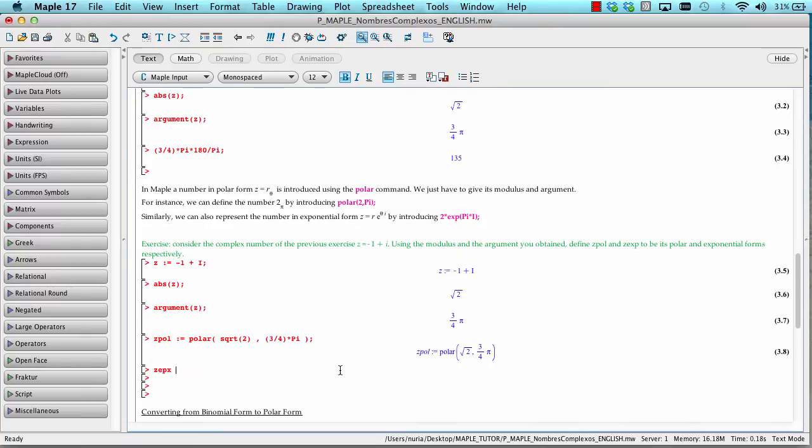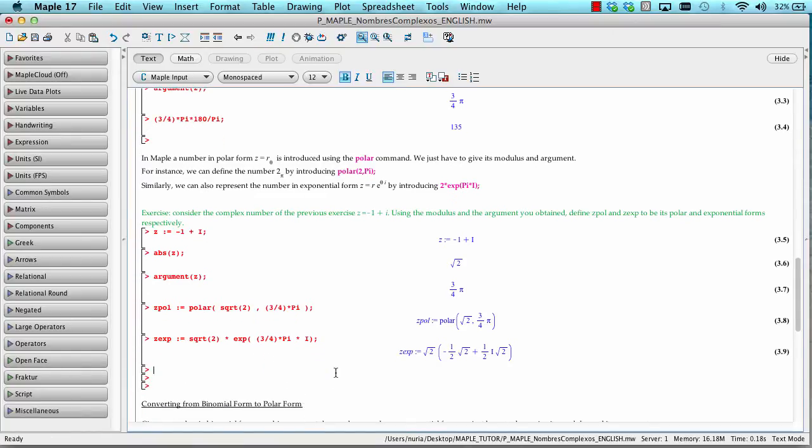And in exponential form, with colon equal, we are going to place Control C, magnitude times the exponential, and the argument, times, don't forget the imaginary unit, because otherwise it's going to be a real number, okay? In this case, you can see that Maple simplifies the expression, okay? So we simplify the exponential number, we get the initial one, okay?